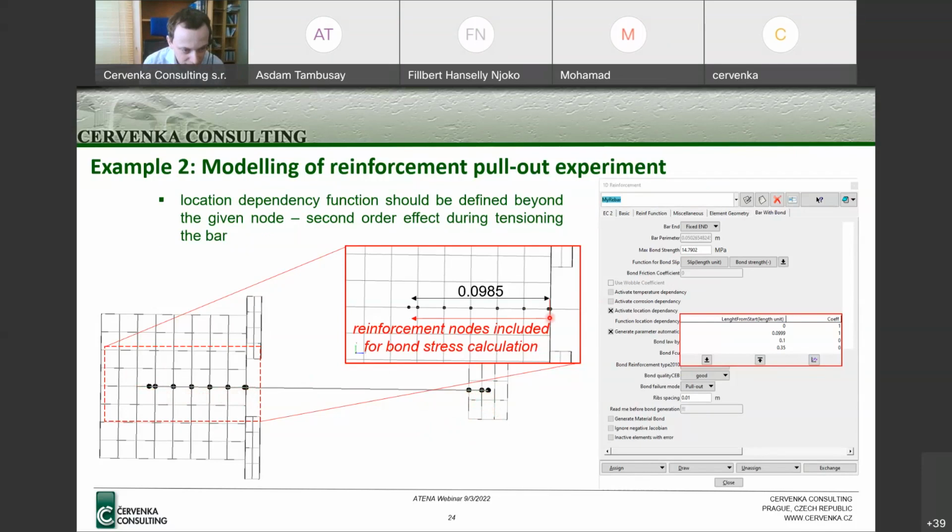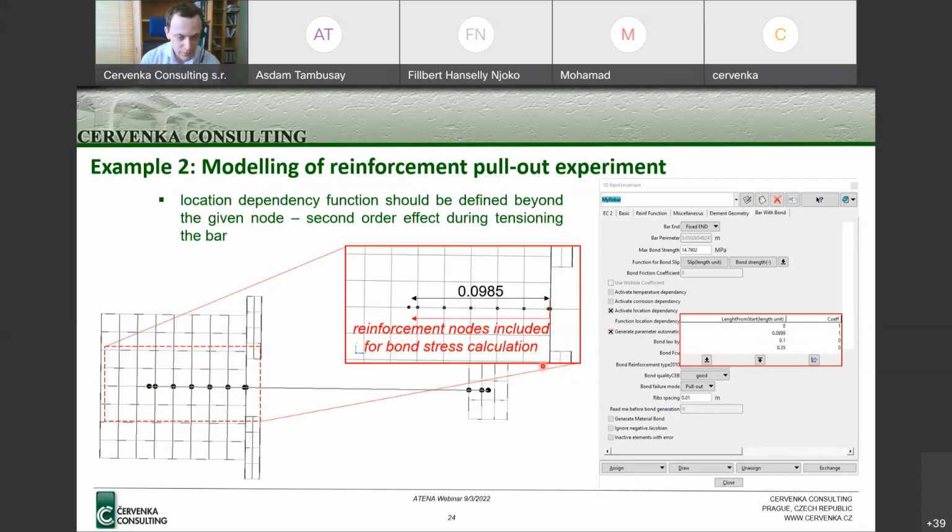As I explained earlier, the cohesion force is always evaluated from half of the element length on both sides of the node. So in this node, it will be from this part and also from this part.